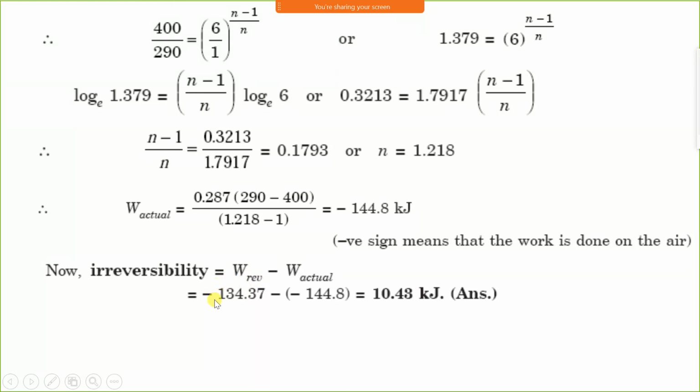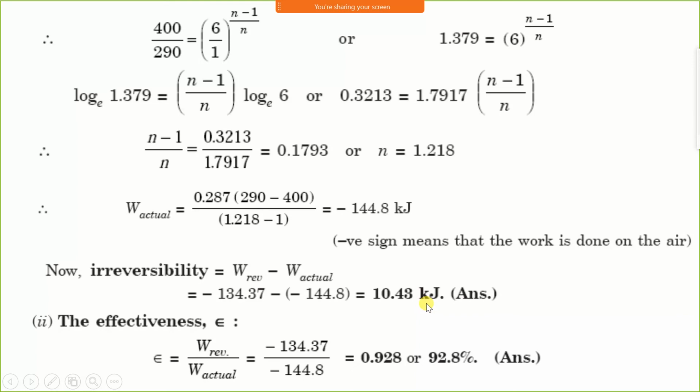The reversible work we got positive, but we have to put it negative because work is supplied for the compression process, and work of compression is always negative. Therefore we put the negative value: minus 134.37 minus of minus 144.8, and the final answer is 10.43 kilojoule. Therefore irreversibility is 10.43 kilojoule.